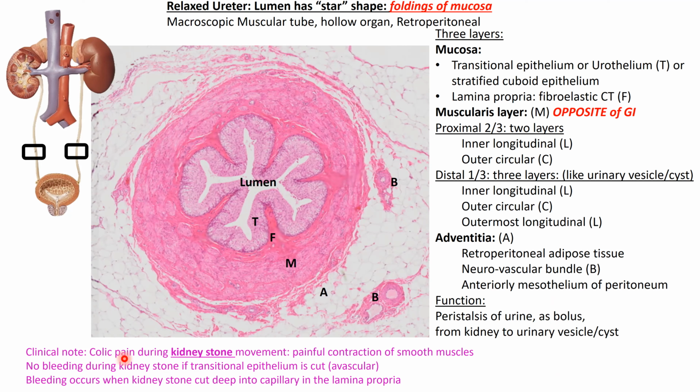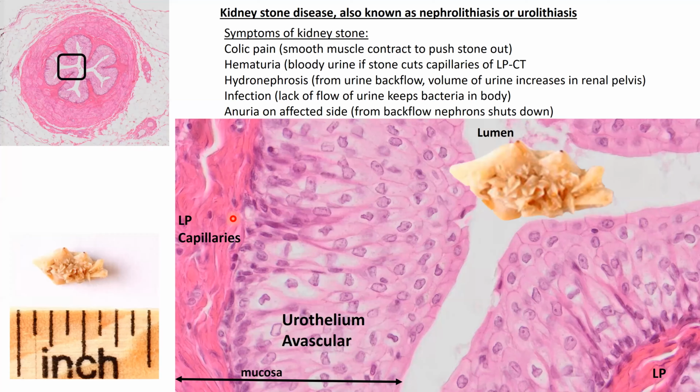Okay, let's talk about kidney stone. It goes with a horrible colic pain as the muscular layer is contracting. And no bleeding will occur as long as the stone doesn't cut through. But anyway, the next image is showing you that. So anyway, here is the kidney stone.